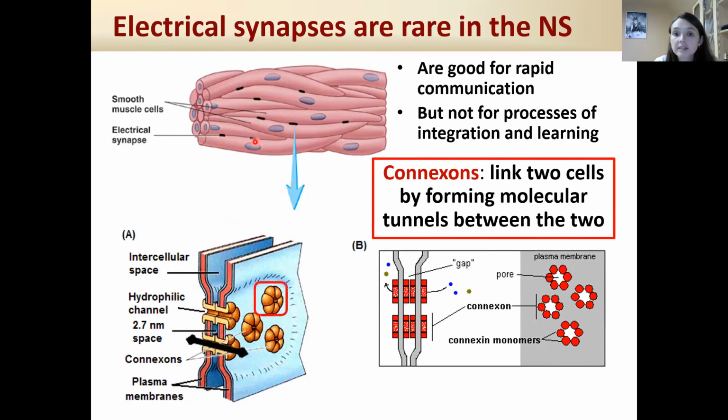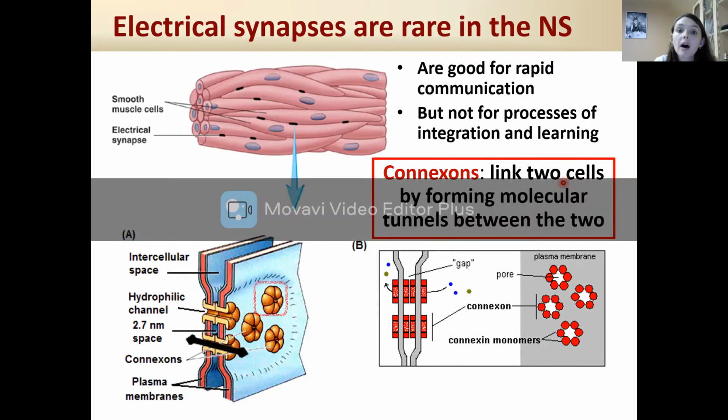So connexin, as we discussed, links cells by forming molecular tunnels or molecular channels between them. Electrical synapses are good for communication, and the signal here will be transmitted very quickly, rapidly.